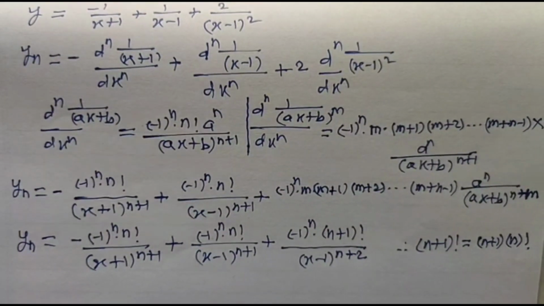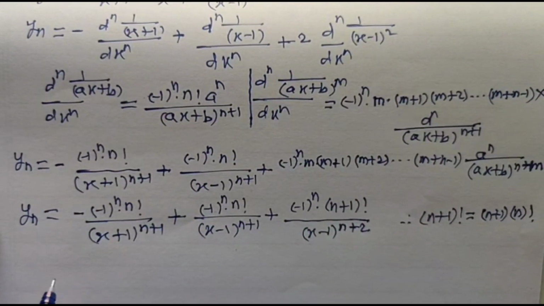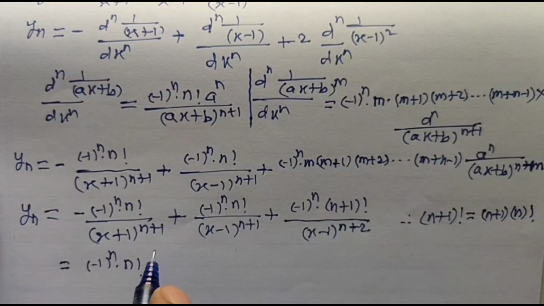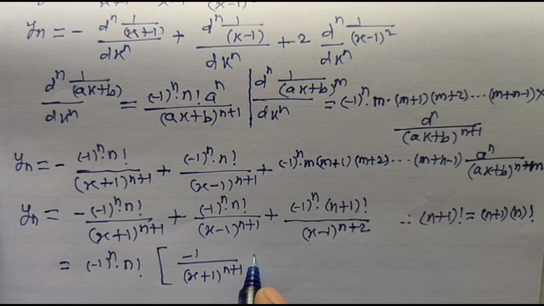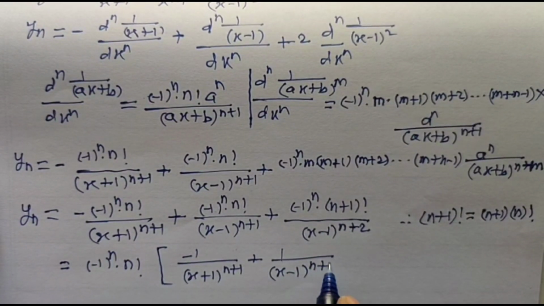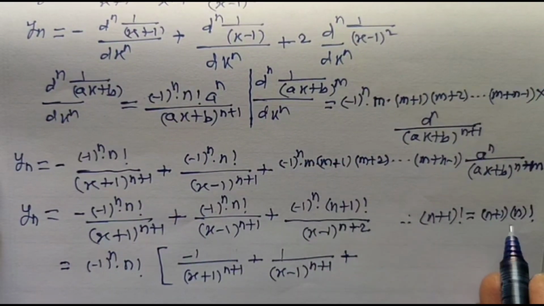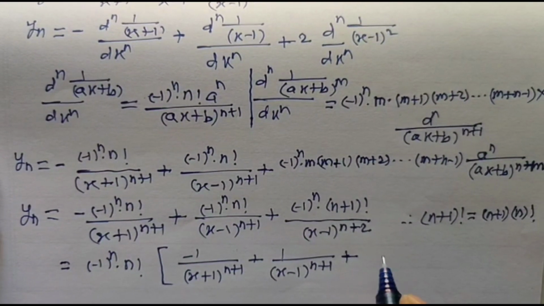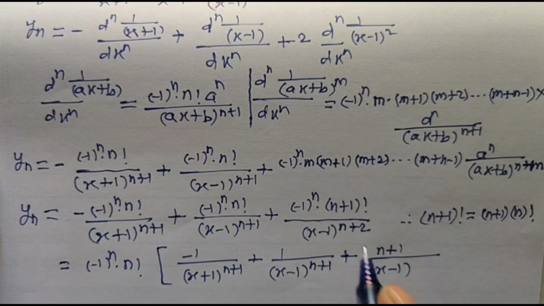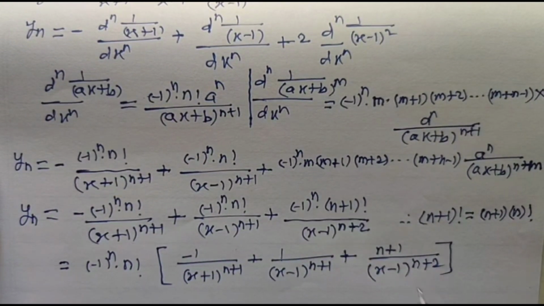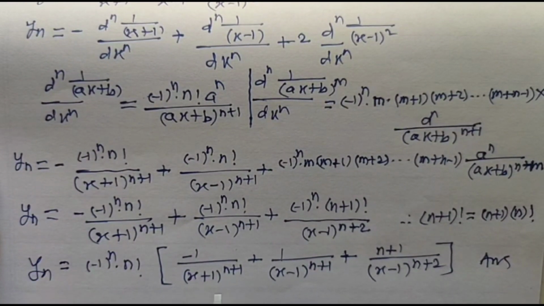So this can be written as minus 1 to the power n factorial into bracket: minus 1 upon (x plus 1) to the power n plus 1, plus 1 upon (x minus 1) to the power n plus 1, plus minus 1 raised to n, and n factorial is taken common, so n plus 1 divided by (x minus 1) to the power n plus 2. This is the final answer. Yn is equal to this one.